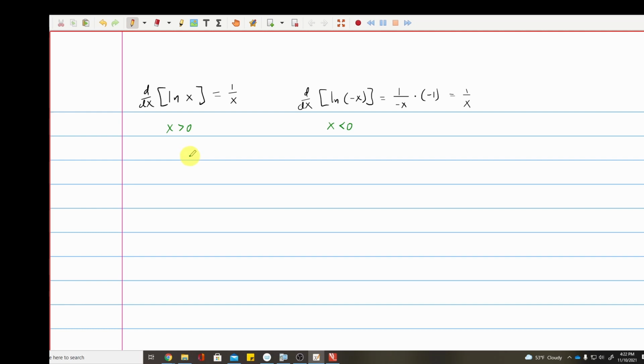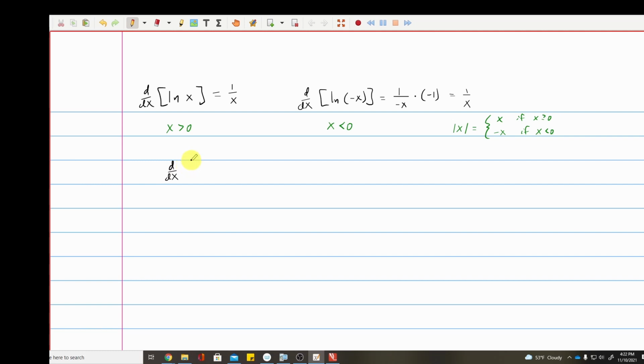What we can do instead is combine these together. We can say, here I have x when x is positive, and the opposite of x when x is negative. That's what the absolute value function is. The absolute value of x is x if x is greater than or equal to 0, and the opposite of x if x is less than 0.